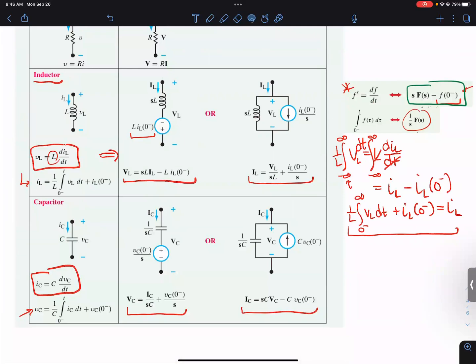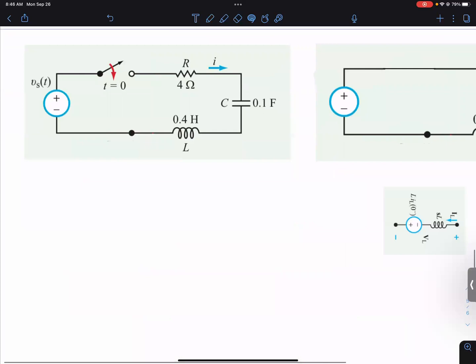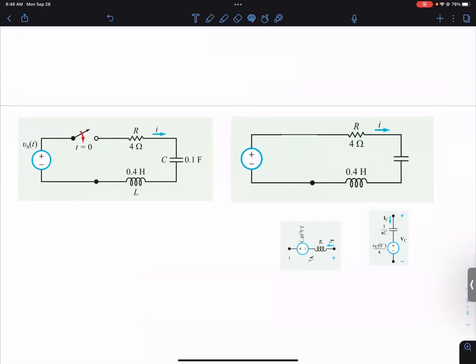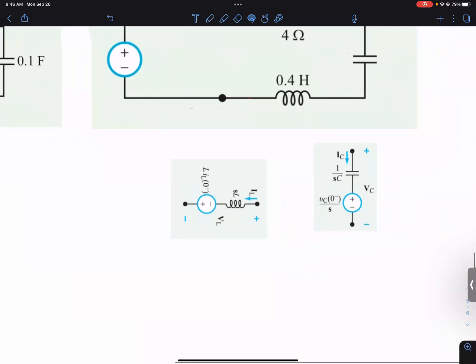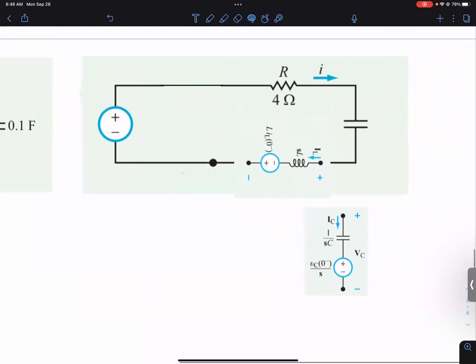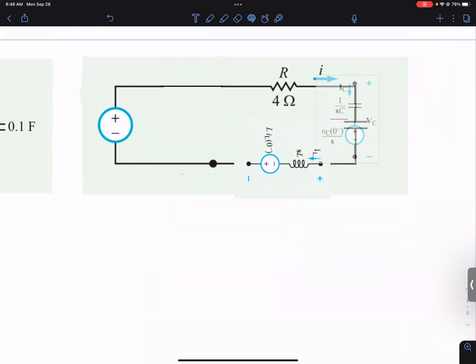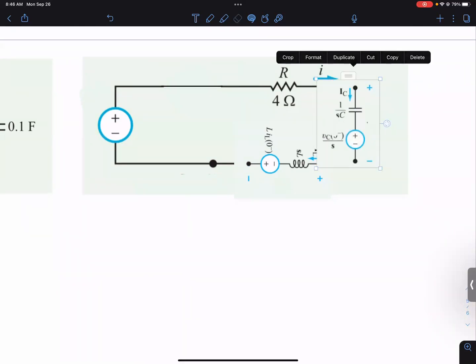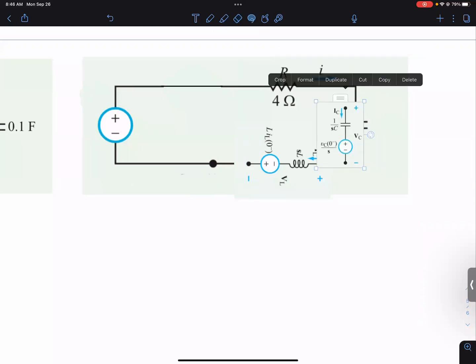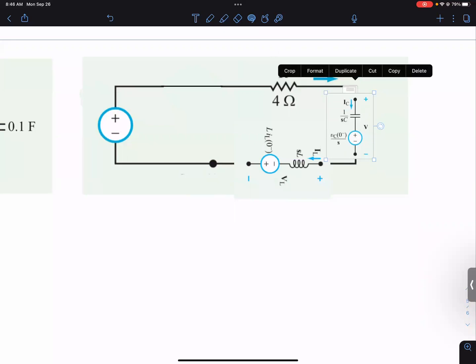So I'm going to use the one where they're in series together, and you're just going to replace now the capacitor and the inductor with those. But in order to do this, we need to know those initial values.